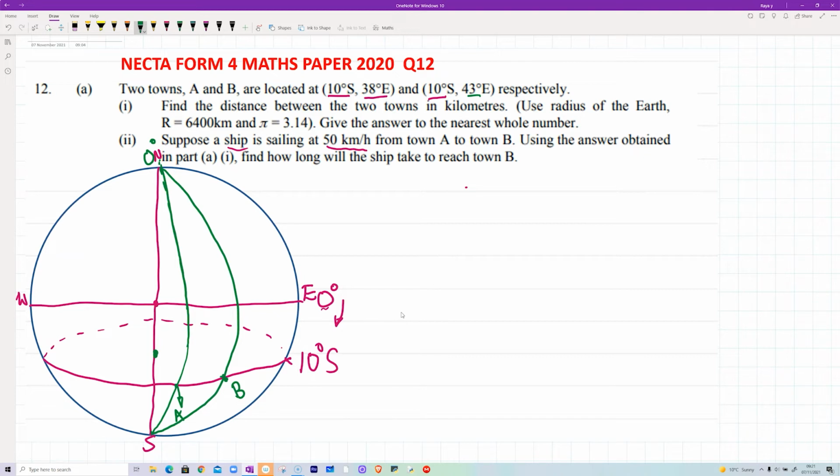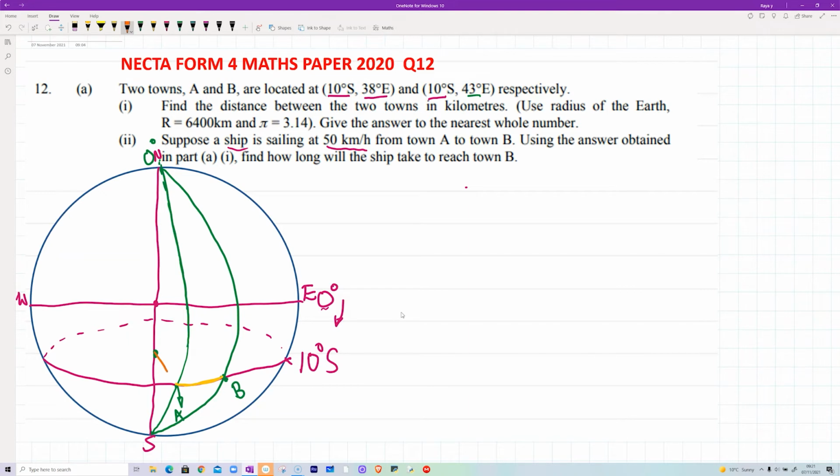Okay, now what are we asked to find? The distance between the two towns. So I'm just going to put that distance. This is the distance. Now, how do we find this distance? Well, let's draw in some lines. So this is the center of our latitude.